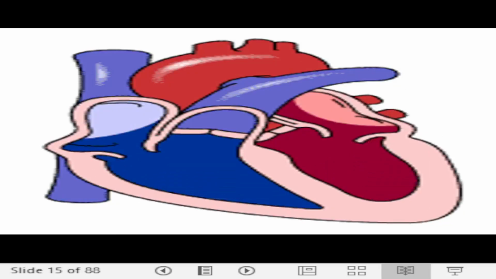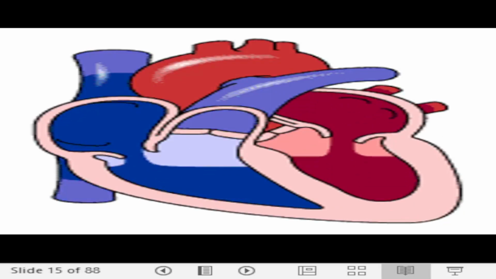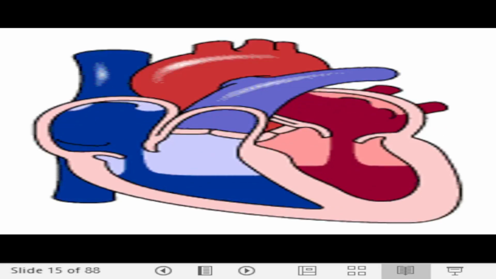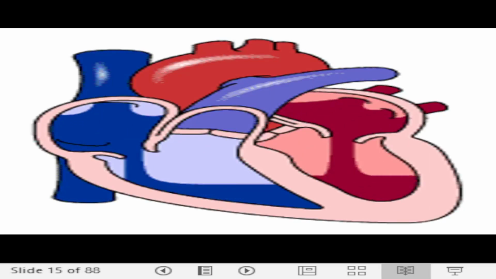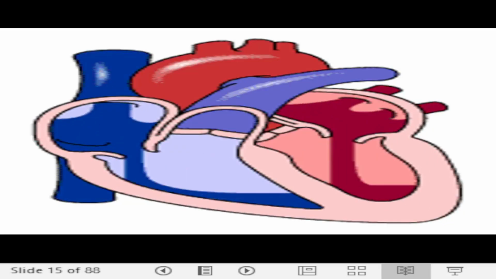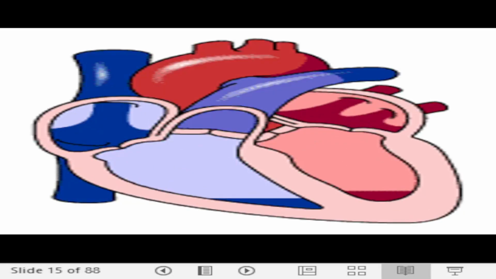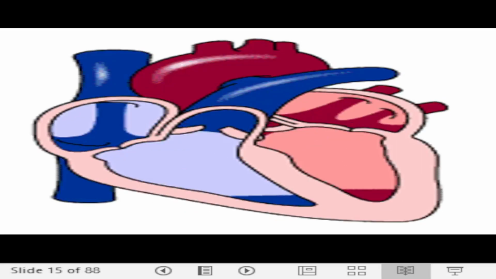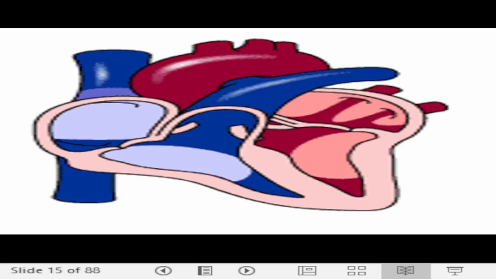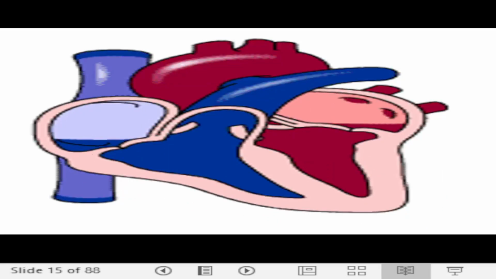We have an upper chamber, the auricle or atrium, and a lower chamber, the ventricle. Because of this, we can now identify the different chambers of the heart. So we have a right atrium or right auricle and a right ventricle. Then on the left section, we have the left atrium and the left ventricle.